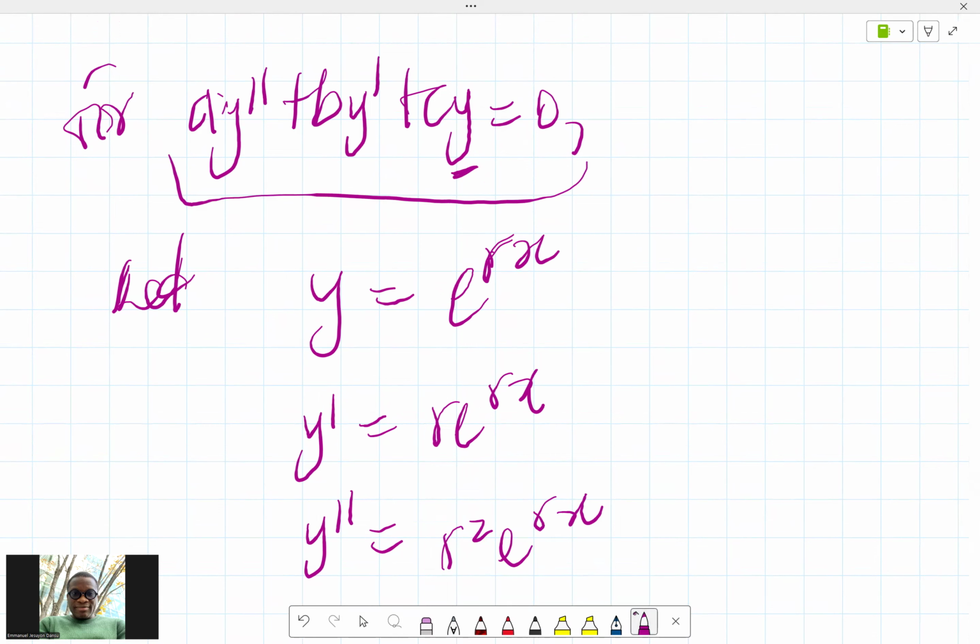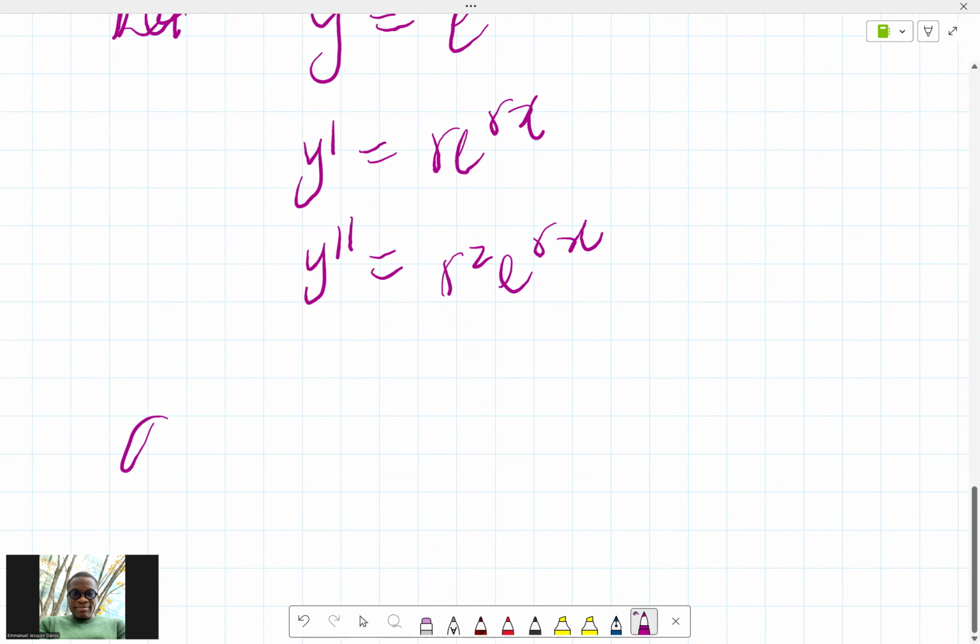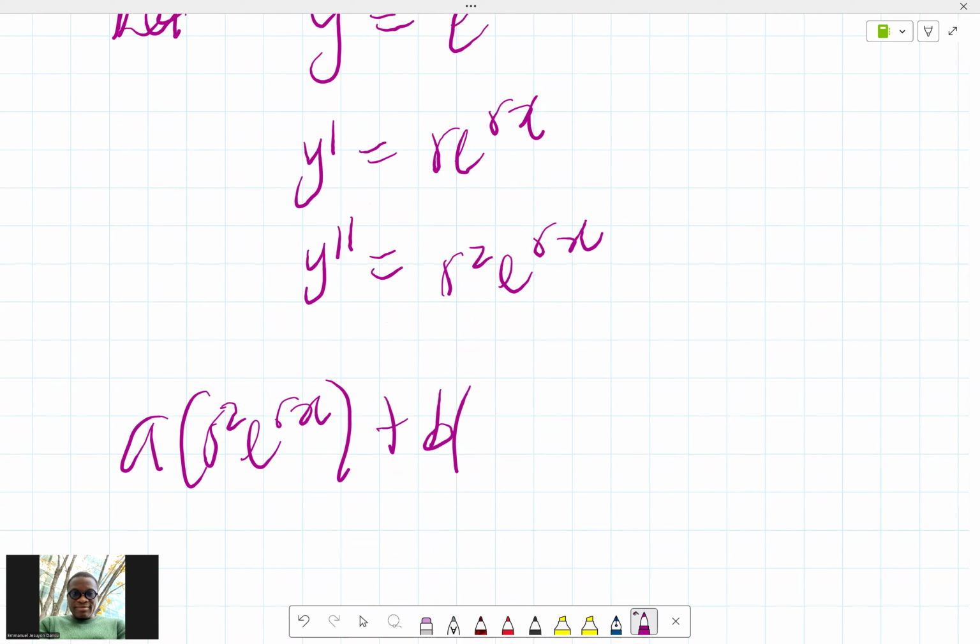If you plug all of that in, you get a r squared e raised to power rx plus b r e raised to power rx plus c e raised to power rx equals 0.